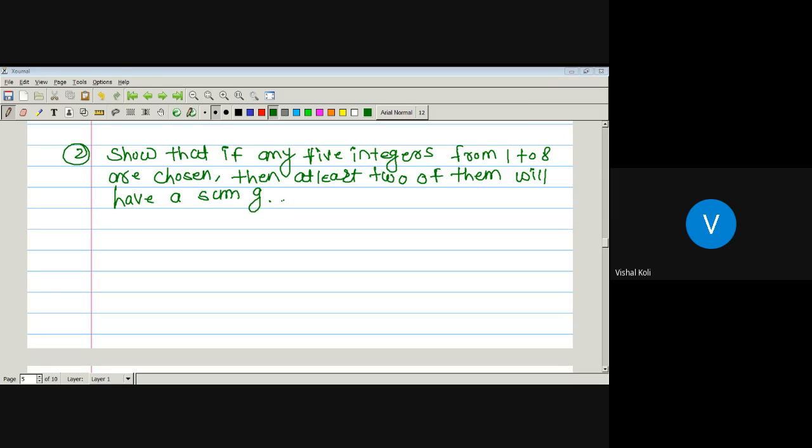So there are integers from 1 to 8, and if we choose any 5 among them, then at least 2 of them will have a sum equal to 9.